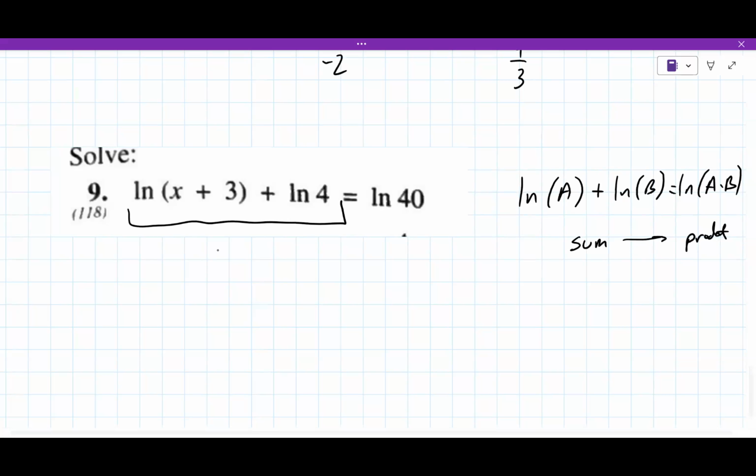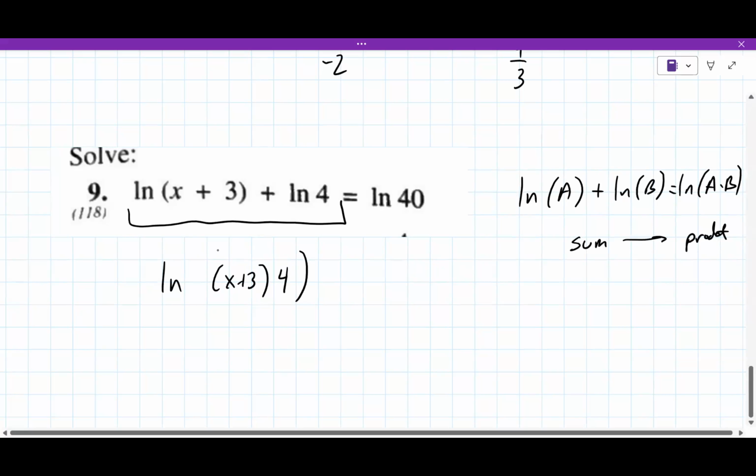You write natural log of (x plus 3) times 4, just one natural logarithm. On the right, I'm just bringing it down. You can think of all of this as A and this as B. The sum becomes a product.